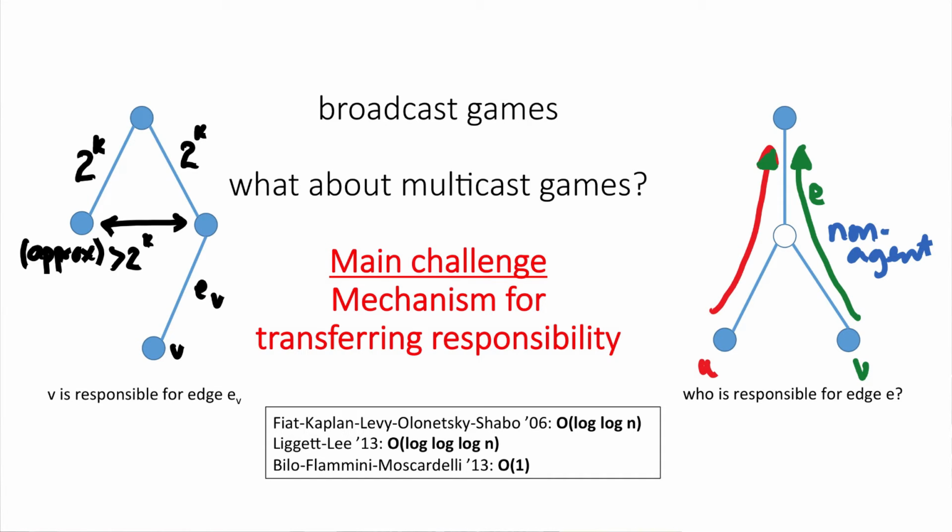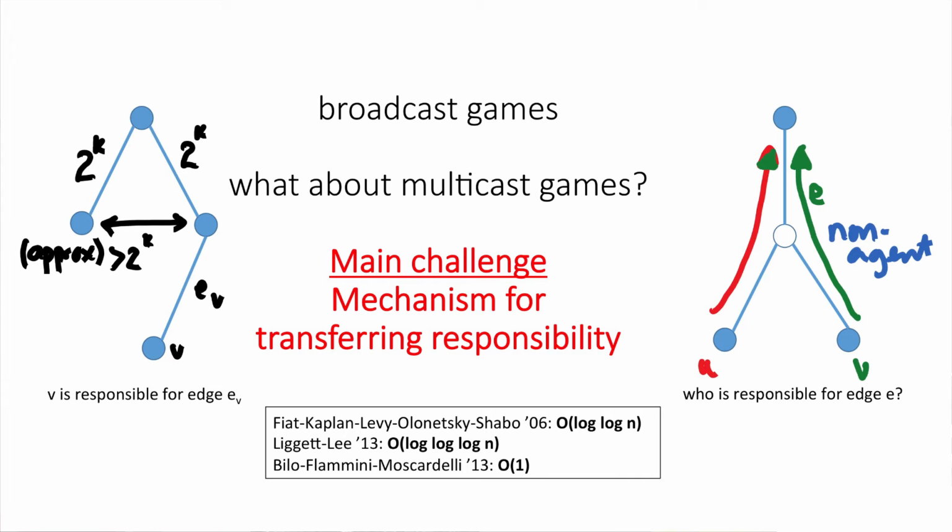So, I cannot assign the cost of that edge E to this vertex, because that vertex does not have an agent. I can only assign costs to agents. What I could do is assign the cost of edge E to one of these two vertices using it, either u or v, or in some shared way u and v.